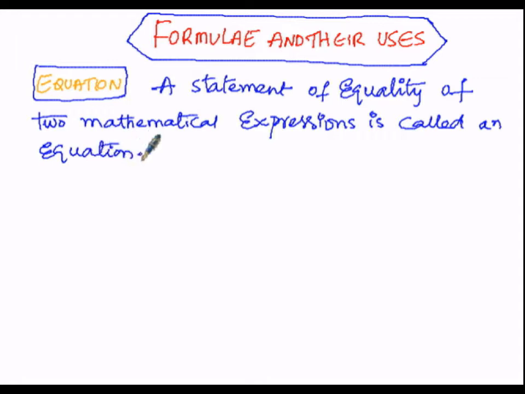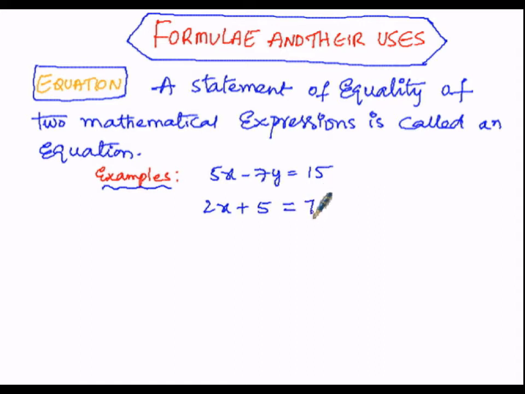Let us have one example. So here the examples under the equations are: one is 5x minus 7y equals 15, and 2x plus 5 equals 7x minus 15.